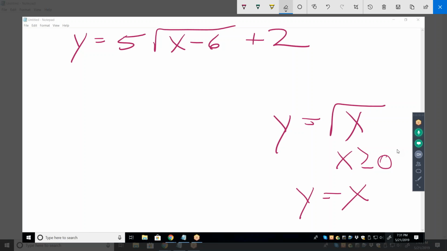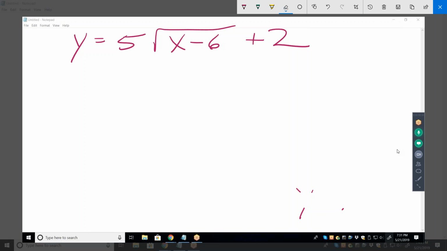When I have something in the radical sign different than just x, take whatever's in the radical sign and make it greater than or equal to 0. Now solve that inequality. What do you get? x has to be greater than or equal to 6.